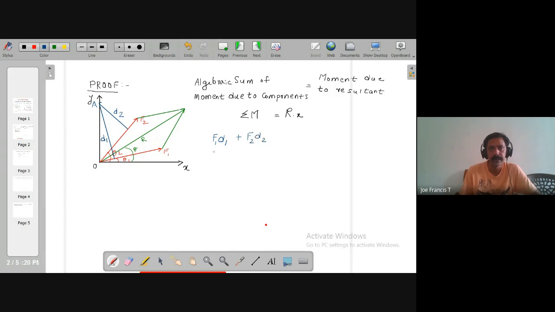So this is what we call the algebraic sum of moment due to the components. Now the theorem says that this should be equal to moment due to the resultant. So resultant force is R into the perpendicular distance of the line of action of R from A. So again, you should go back to your figure.